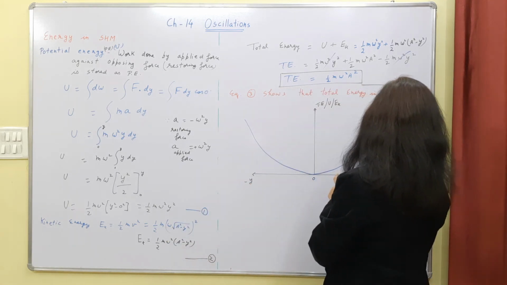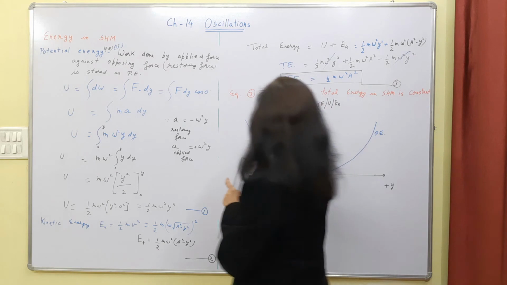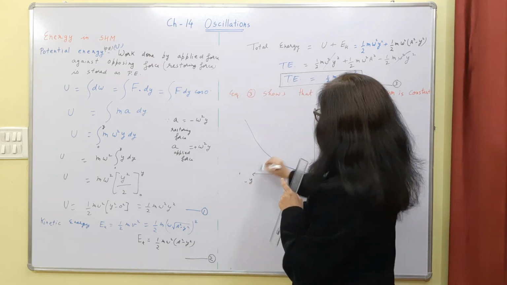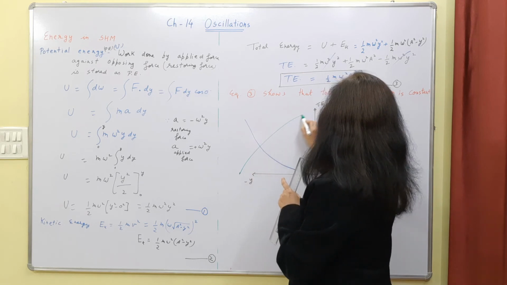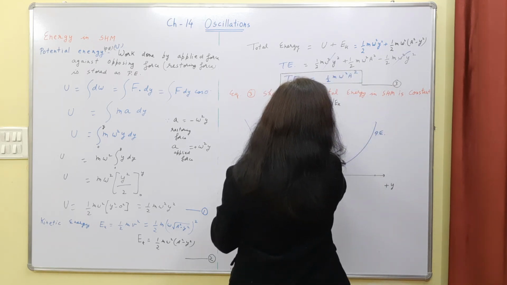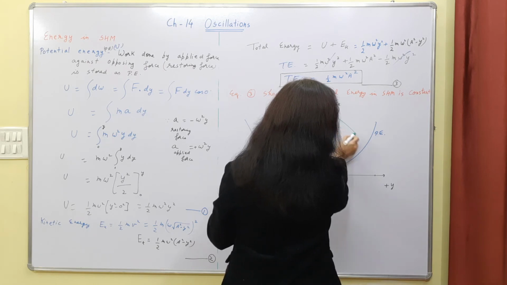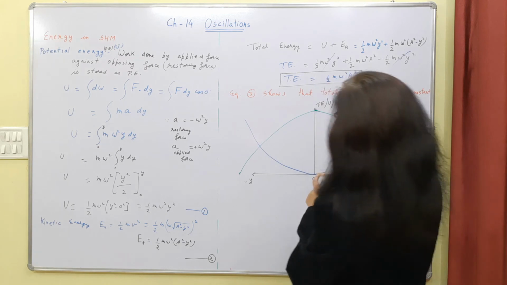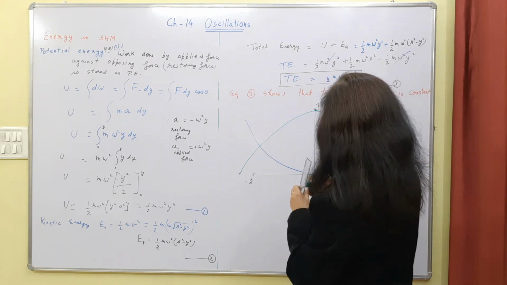So at this extreme point, the kinetic energy will be 0. This graph has to be symmetrical.